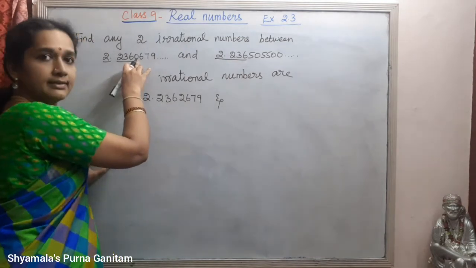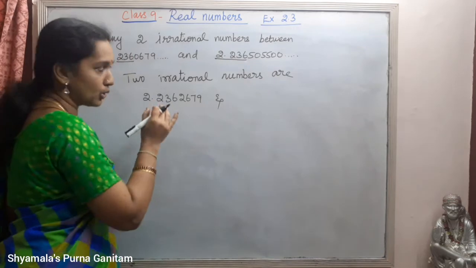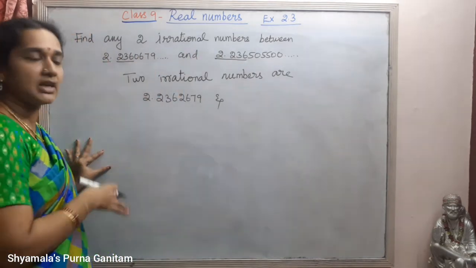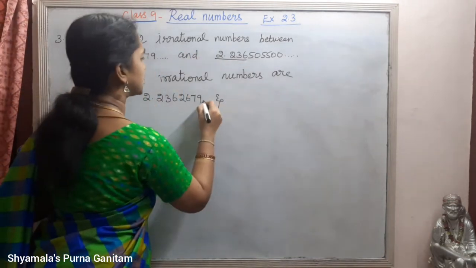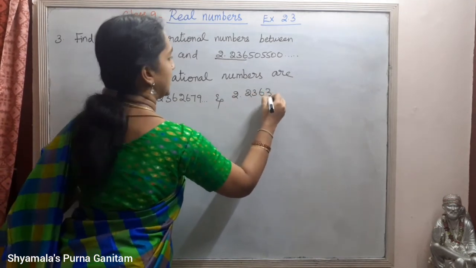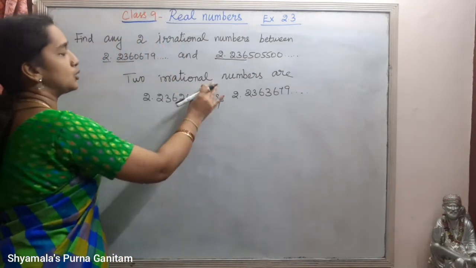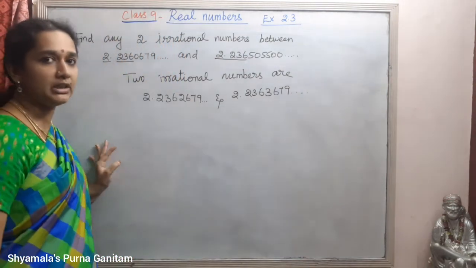Then only it starts as a different number, 06 and 50. So in between so many numbers we have, we can write that. Then next one is 2.2363679. Like that it will go. So these are the irrational numbers between these two numbers.